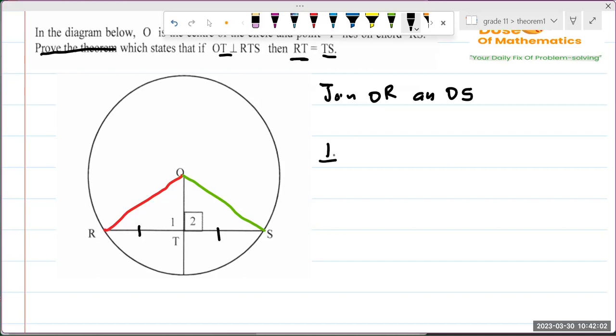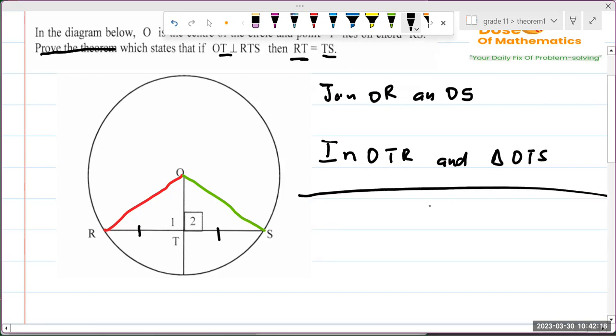Now, in triangle OTR and triangle OTS, we're going to put our statements on the left-hand side and then our reasoning on the right-hand side.